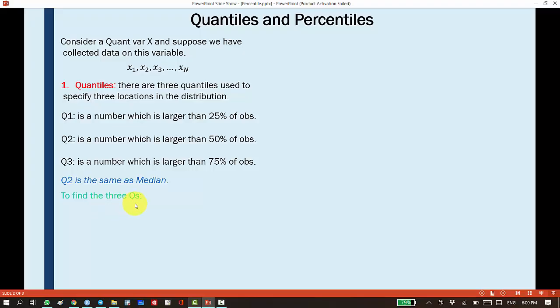To find the three Qs, first of all, we sort the data being collected on the variable x. In other words, these observations from the smallest to largest. In order to find the location of Q1, Q2, and Q3, we use these formulas. For Q1, 0.25 times (n plus 1). For Q2, 0.5 times (1 plus n).